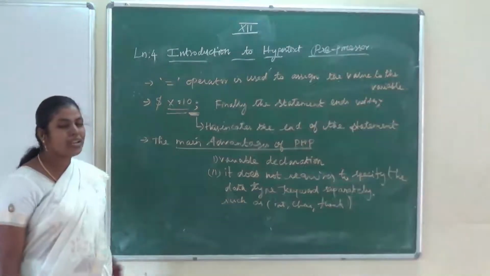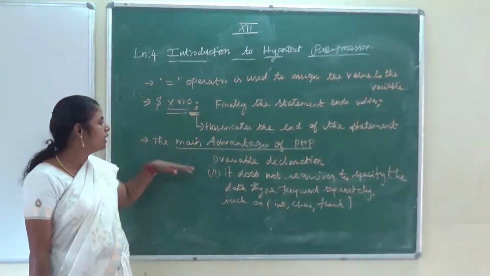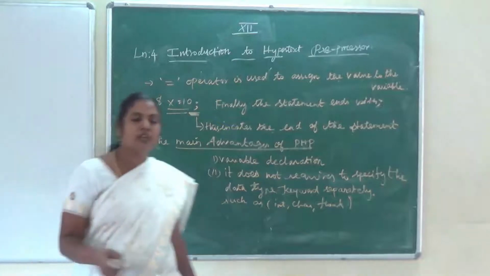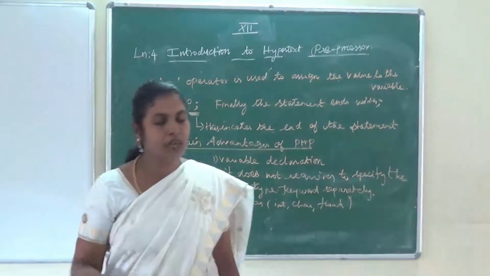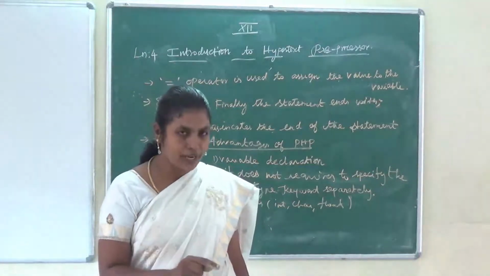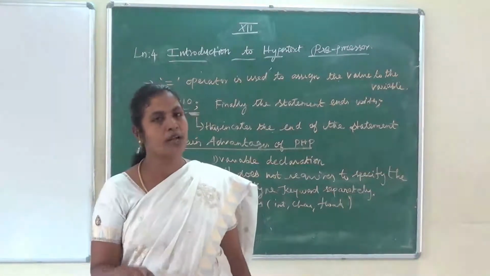Next, the main advantage of PHP variable declaration. Usually, when we declare a variable in other programming languages, we must specify the data type, then the variable name, then the value.